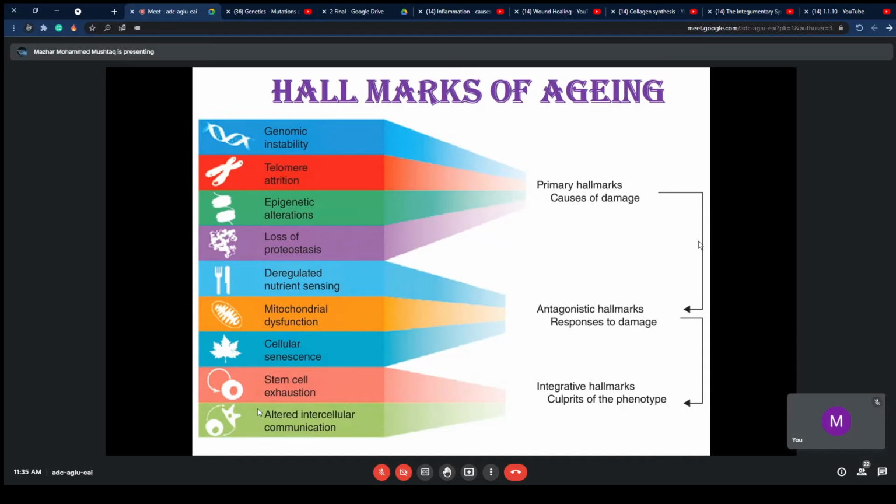So there will be a decrease in cellular proliferation, and as a result it will end up in the phenotype of aging. So these hallmarks and these responses all end up in the phenotype which results in aging.